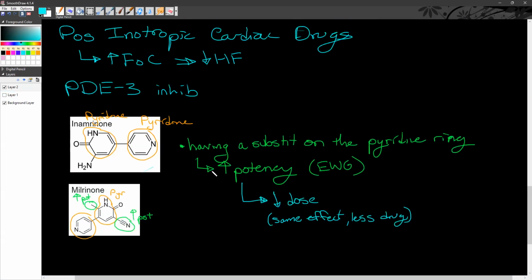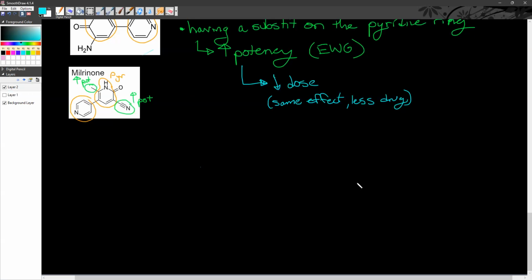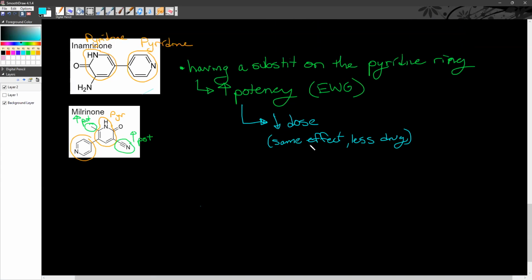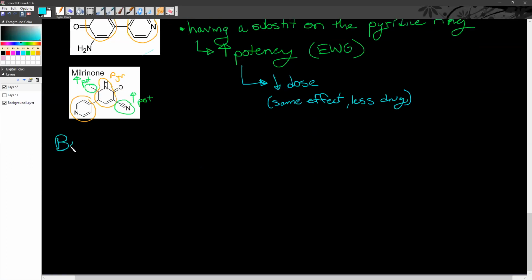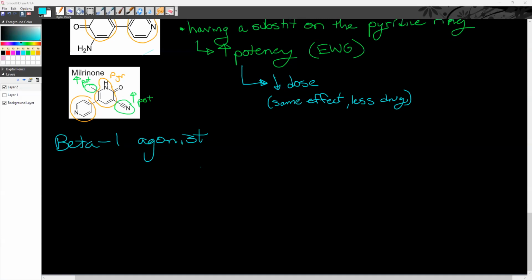Looking at the different drugs, we have the PDE3 inhibitors, which work internally, but we can also have the beta 1 agonist, which works externally, right? It connects to the beta 1 receptor, which is going to be Gs, which also leads to an increase in cAMP, and that would be dobutamine.